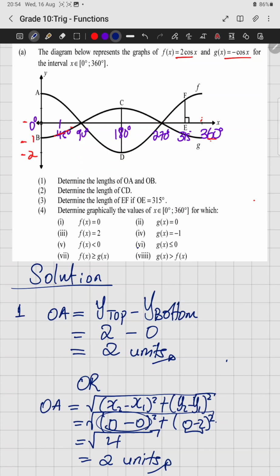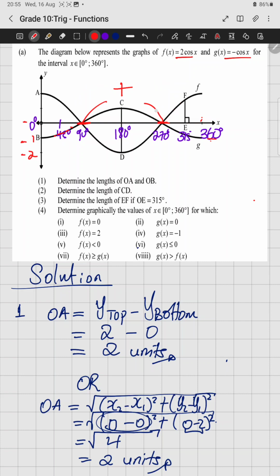So what do we do then here? We're looking for g. Starting from here, the graph of g is this one here. Starting from here at 90 going up, and again from 270 going up, g here is positive. We don't want this part.